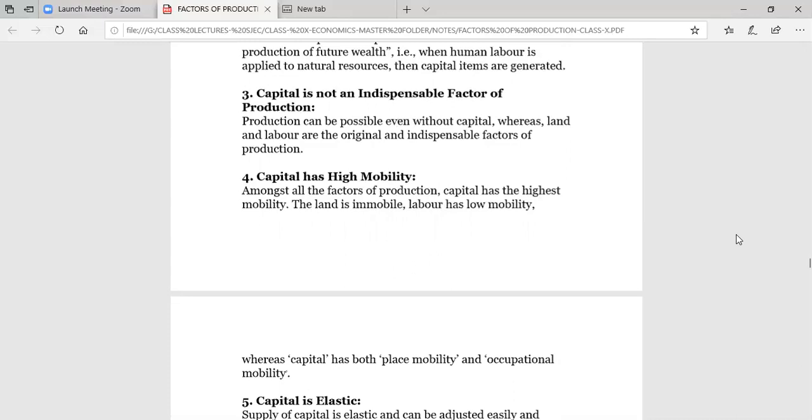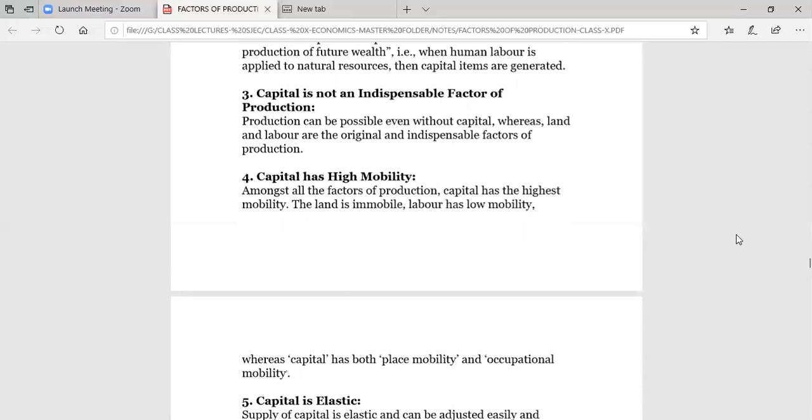You don't have big equipment, machines, and other forms of capital. Still, you can produce agriculture. So many other things are like that. That is why capital is required and very much essential for factors of production, but it is not an indispensable factor. It is not that without capital you cannot produce anything.